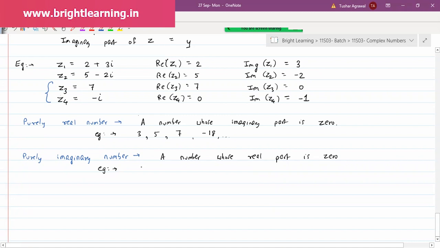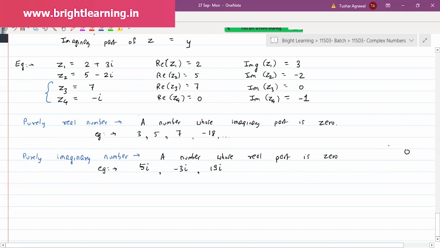It will look like, let's say, 5 times I, which means 0 plus 5 times I. Minus 3I, or 19 times I. Now where should I write the number 0?